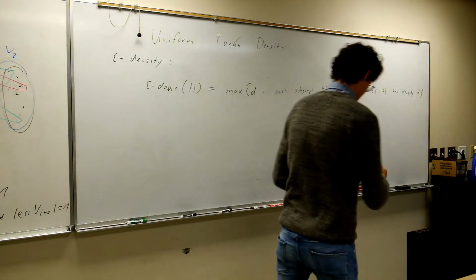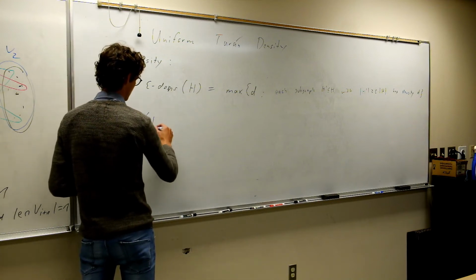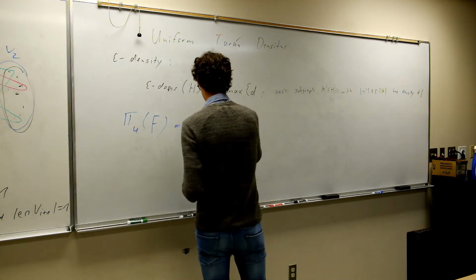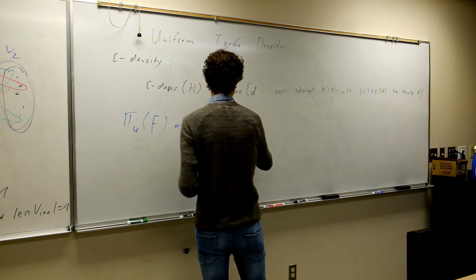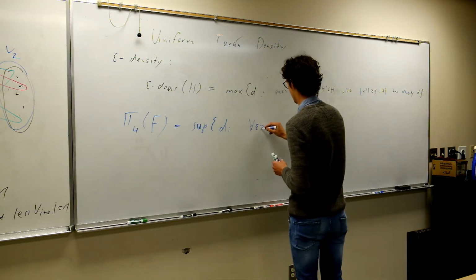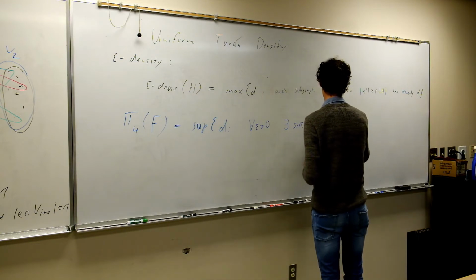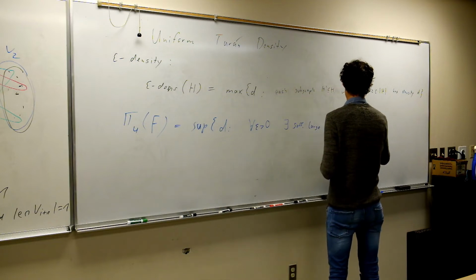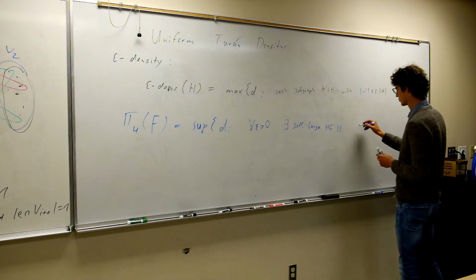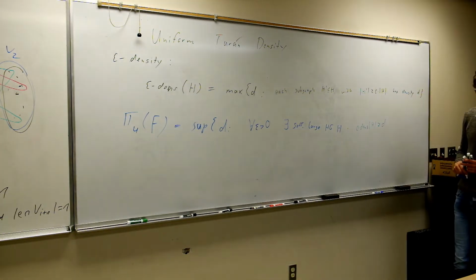Okay. And then we can say what the uniform Turán density is. I put here u as a subscript, for graph F. That's the largest d such that for all epsilon there exists a sufficiently large hypergraph H such that the epsilon density of H is at least d.